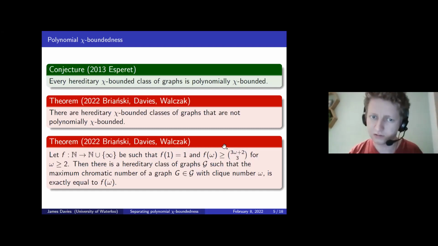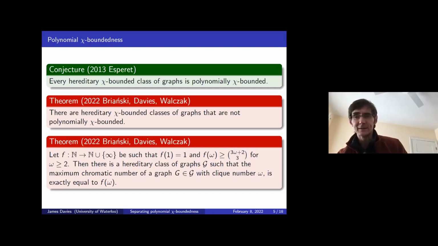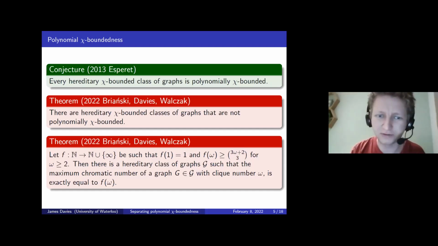I guess it also has to be increasing, clearly, but no. The way I've defined it, this is for clique number exactly equal to omega, rather than at most. So it doesn't have to be increasing.